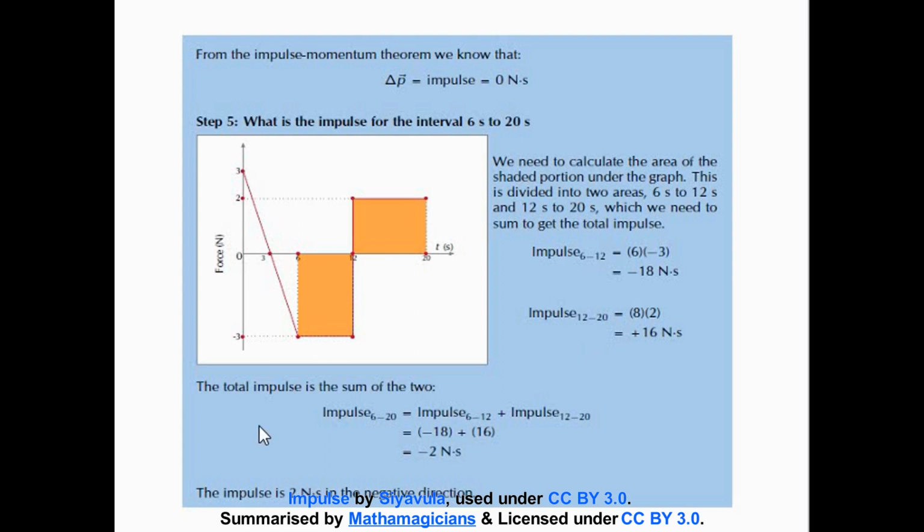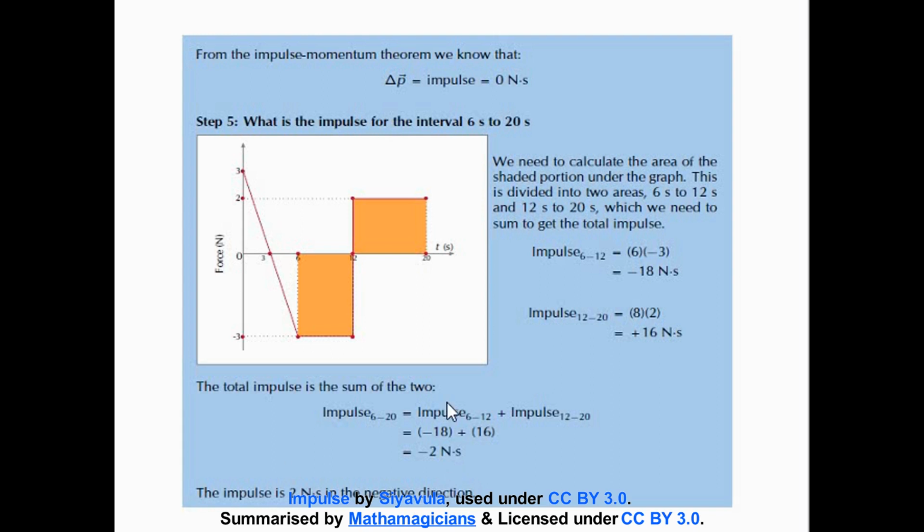Now, to calculate the total impulse of the sum of the two intervals, the impulse from 6 seconds to 20 seconds, we need to sum both of them up, and negative 18 plus 16 is negative 2 newtons per second. So we know that the impulse is 2 newtons per second in the negative direction, because there's a negative sign in front of the 2.